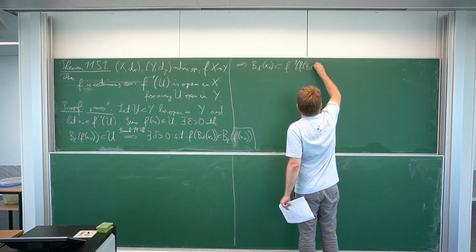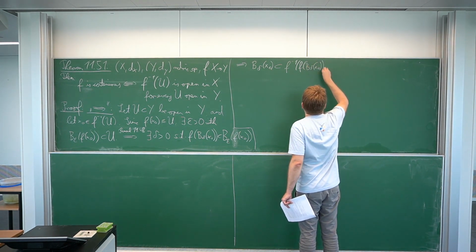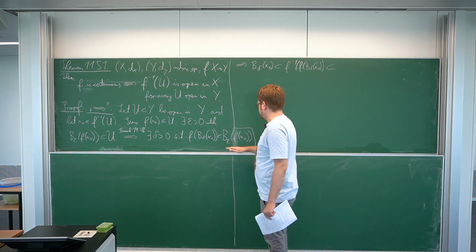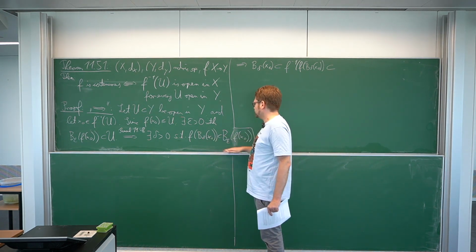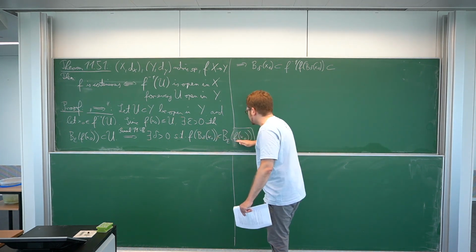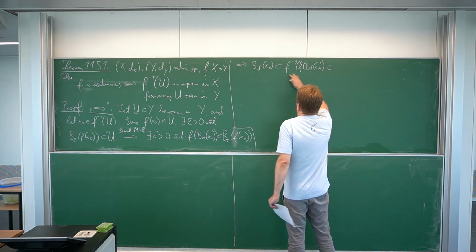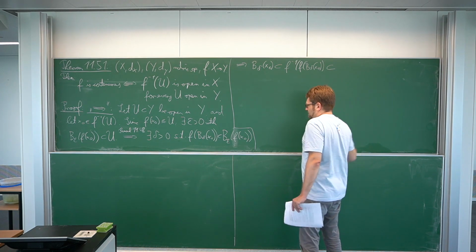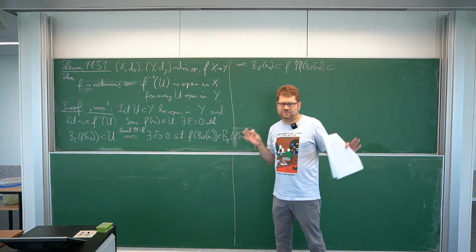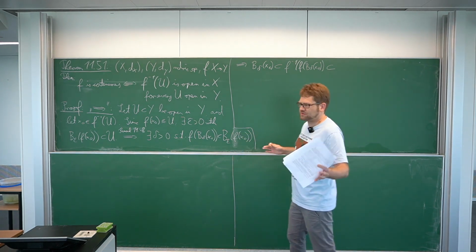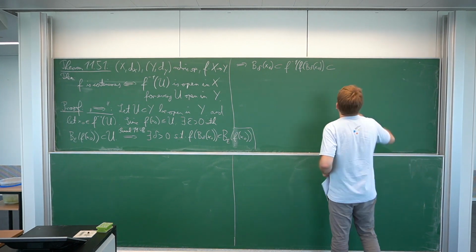B delta of x0. And we always know that if this is included in this, then the preimage of this is included in the preimage of this. This is also some elementary set theory. So these are statements about sets that I need here, they were all discussed in Mathematics 1, week 1, basically, or chapter 1 actually of the course.